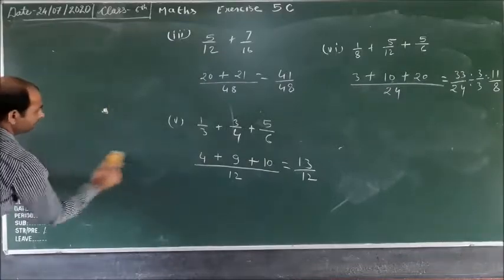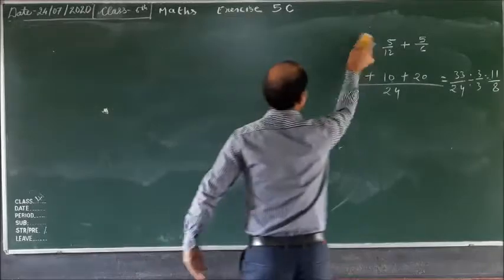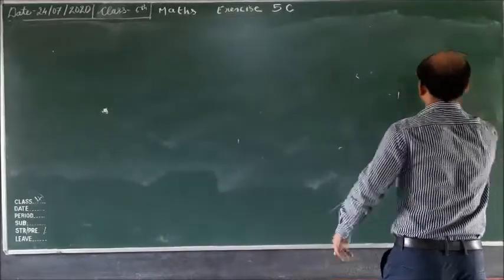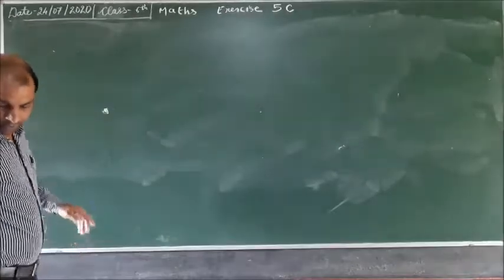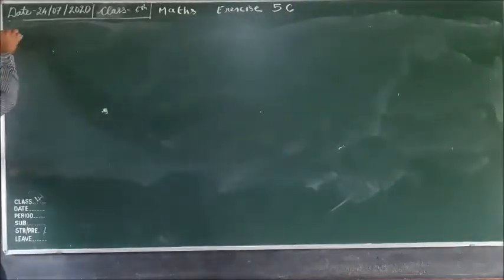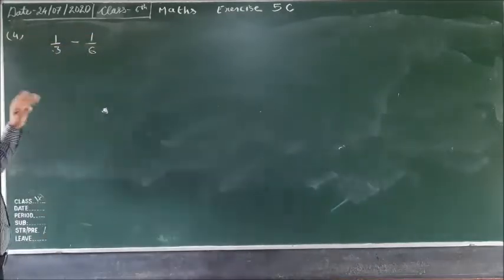Now question number 4 is 1 upon 3 minus 1 upon 6. Okay.